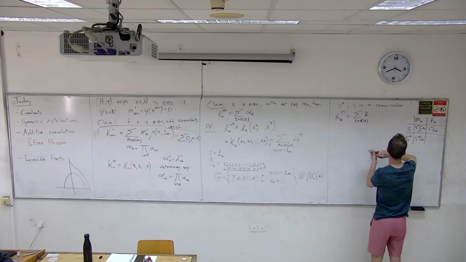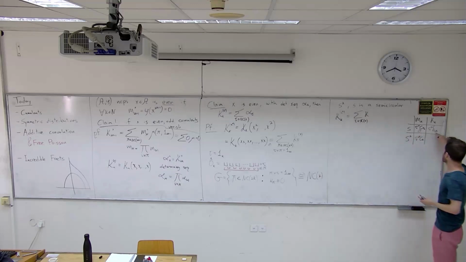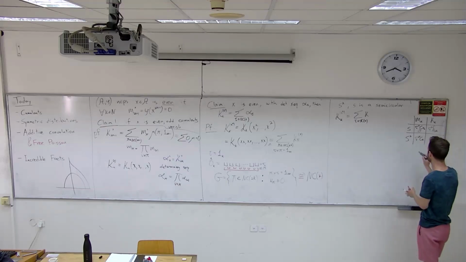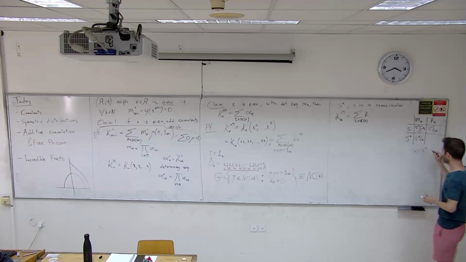kappa. We can think about these in the alpha language. So alpha K equals sigma squared times what? Delta 1.